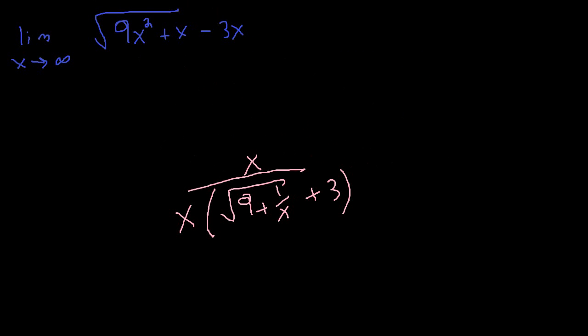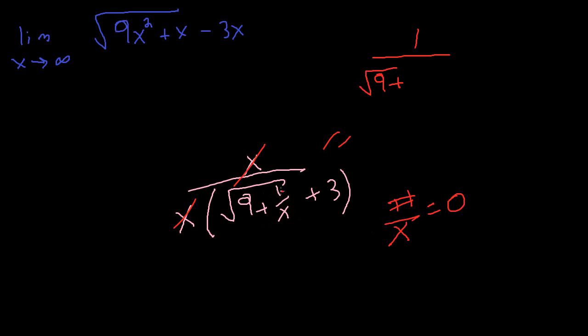Now the x's are going to finally cancel out, and they're going to cancel out to a 1. So this is equivalent to saying 1 over the square root of 9 add, and this is the part where we recognize that any number over x, when you're dealing with a limit that's going to some kind of infinity, is going to be equivalent to 0.